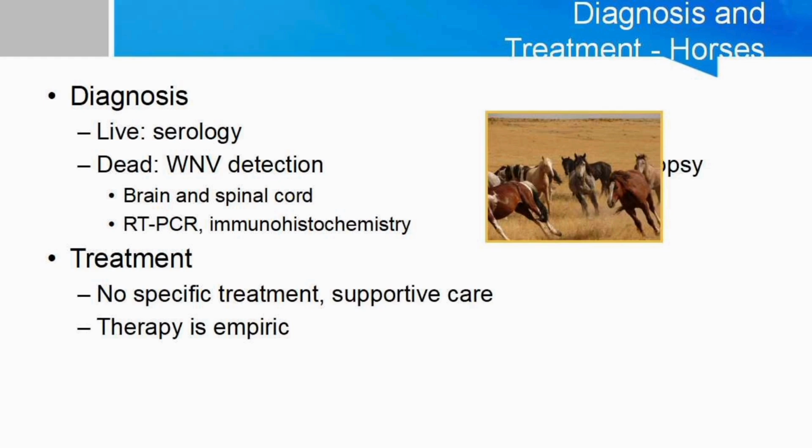RT-PCR can be used to detect viral RNA in equine brain and spinal cord samples taken at necropsy. Immunohistochemistry is used as a postmortem test. It may detect West Nile virus antigens in the equine brain and spinal cord.